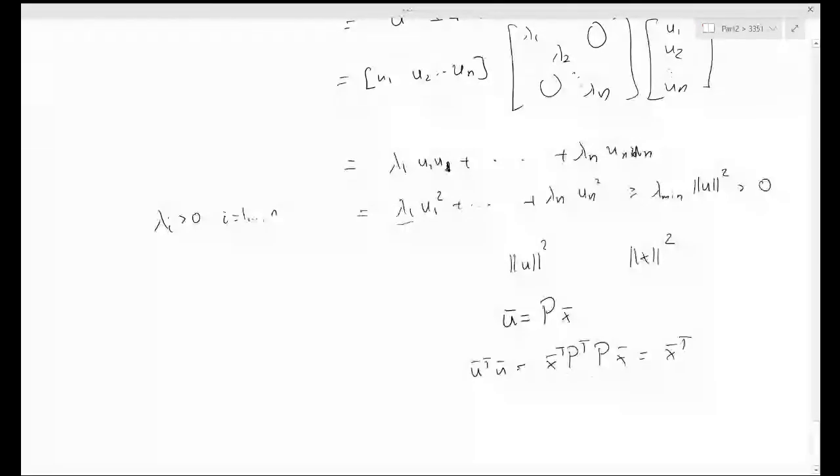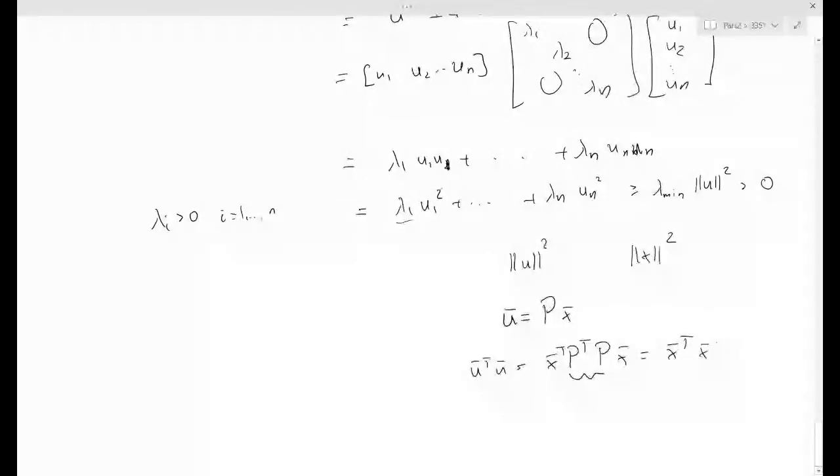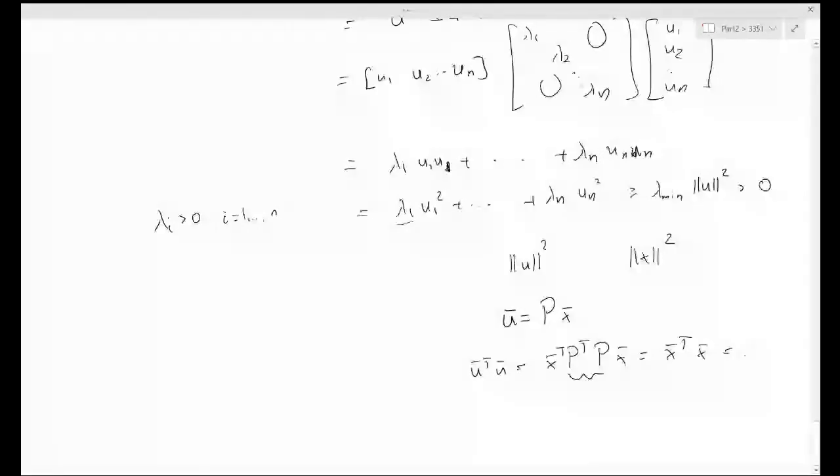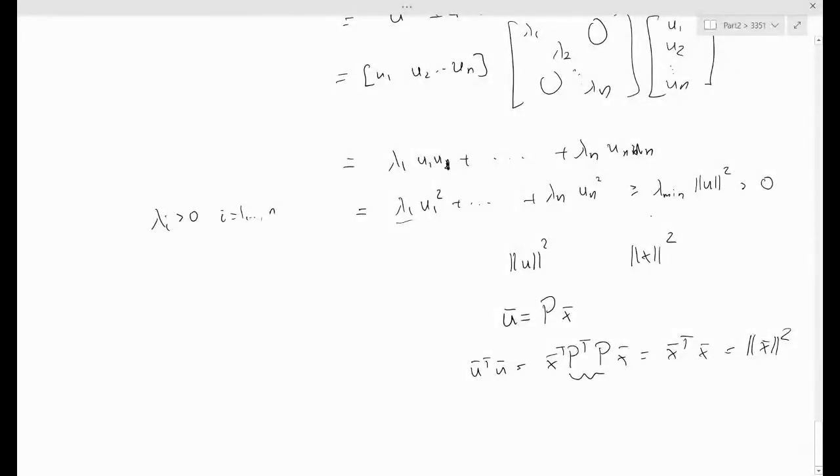So this is identity. They have the same magnitude. Interesting. Okay, so this is even better.